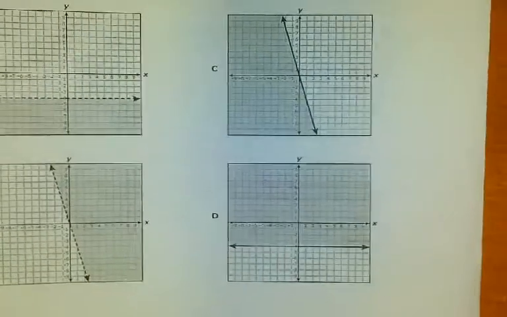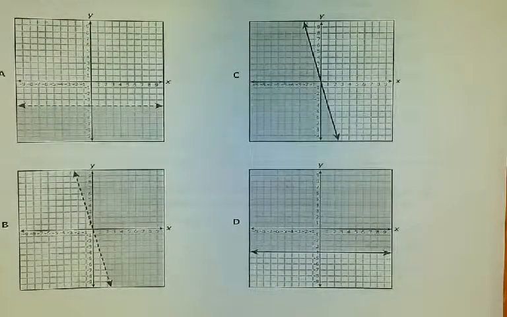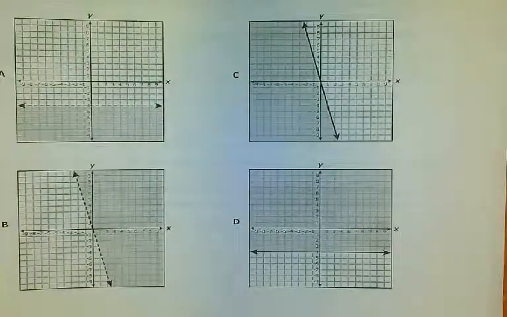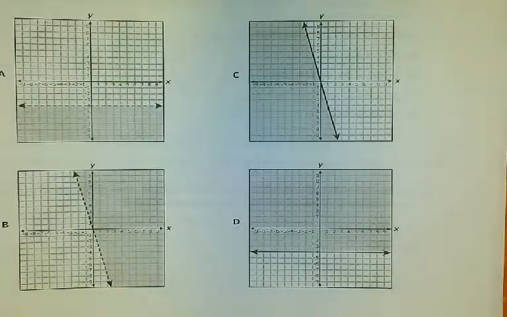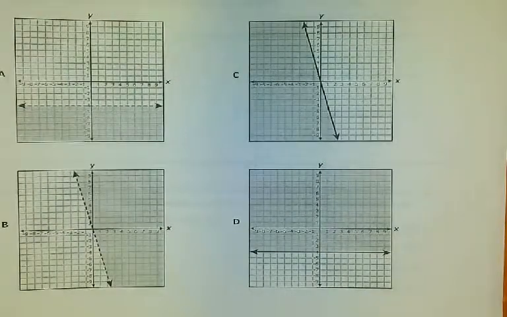All right, so here's what the answers did look like before we got started. Why is it not B? It's shaded on the wrong part. Why else? Look at the line. The line is dashed.